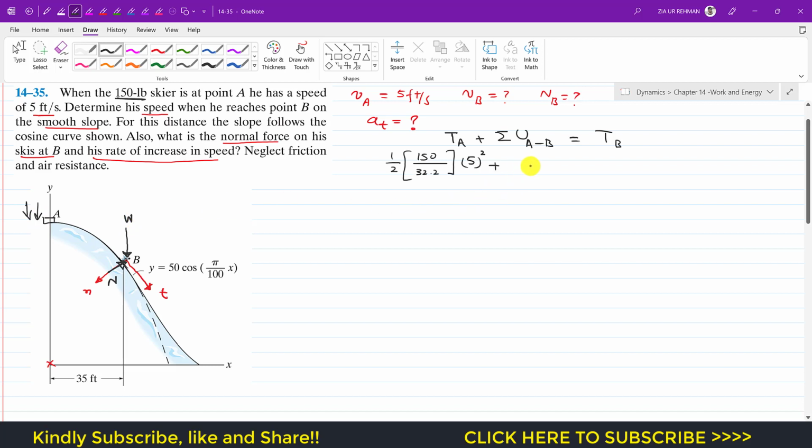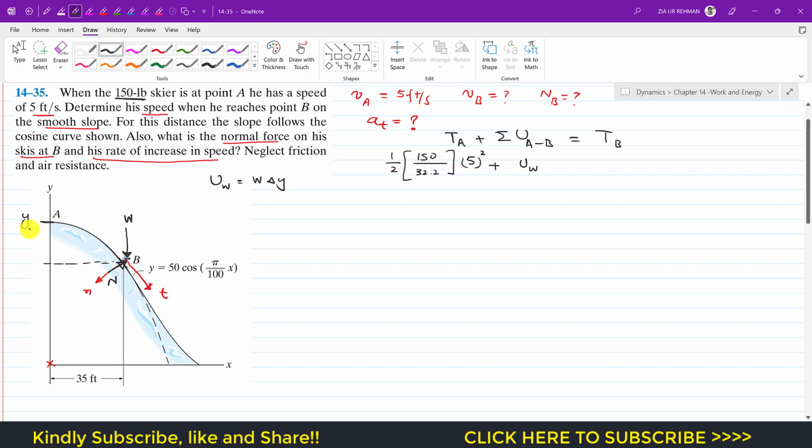And as we know, the work done due to the weight is always equal to the weight times delta y. So we have to find the change in the vertical position of the skier from A to B. So we have to find the y coordinate of the skier at point A, and then the y coordinate of the skier at point B as well.